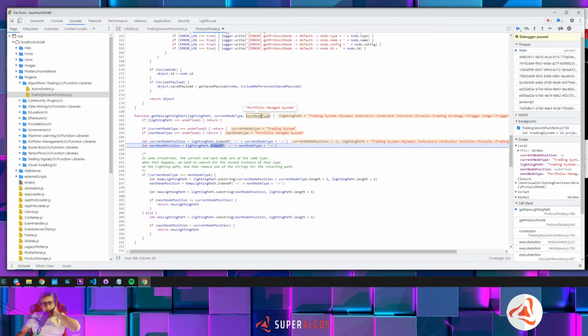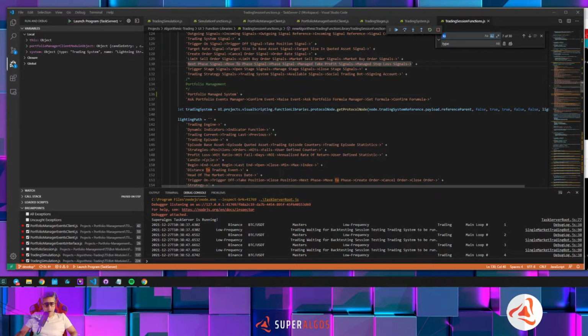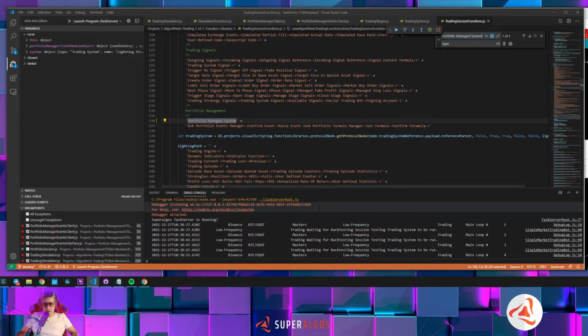Portfolio manage system. Okay, this is not being found. Portfolio manage system inside the string. But it's here. So what is going on here?